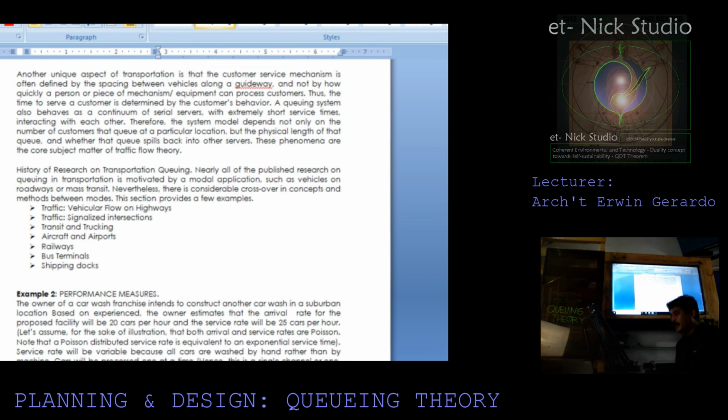This section provides a few examples: vehicular flow on highways, signalized intersections, transit and trucking, aircraft and airports, railways, bus terminals, and shipping docks.